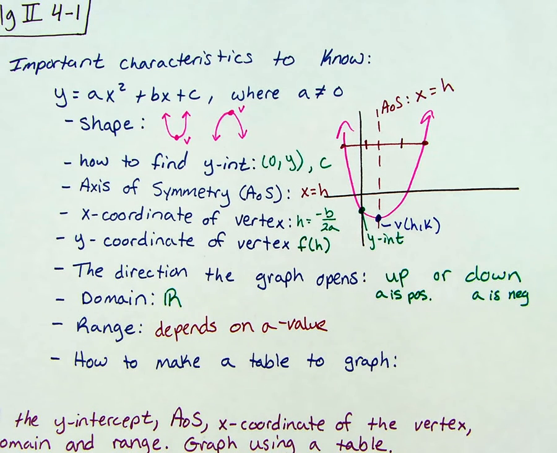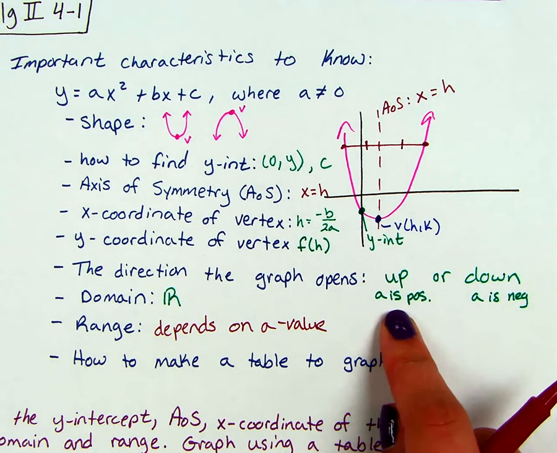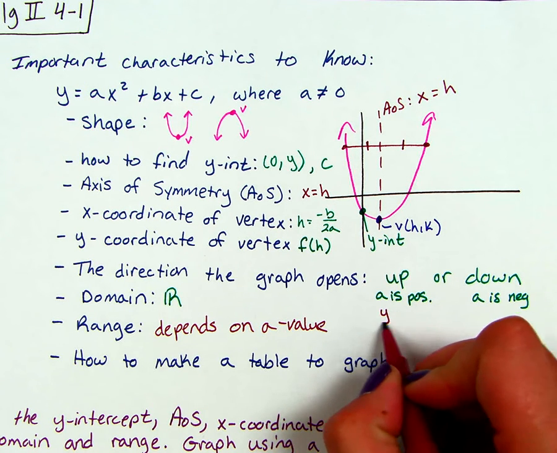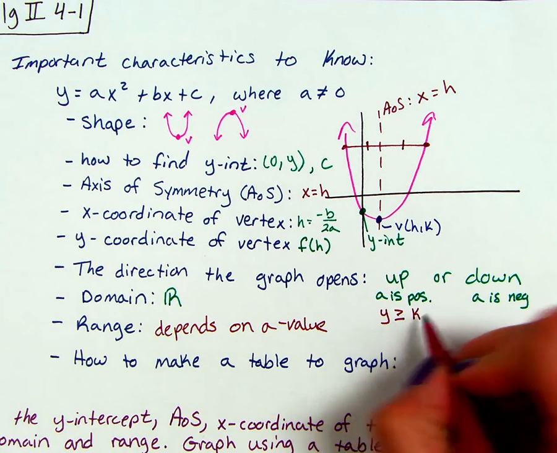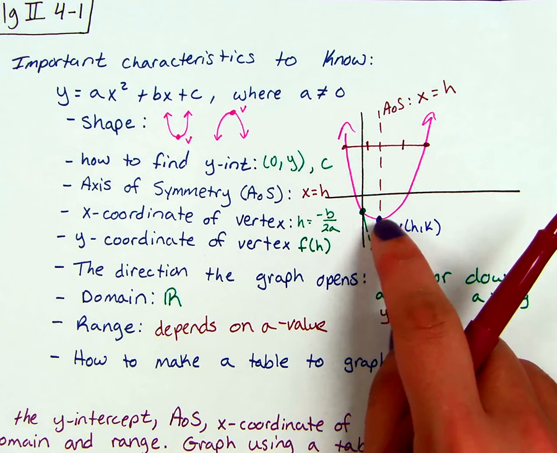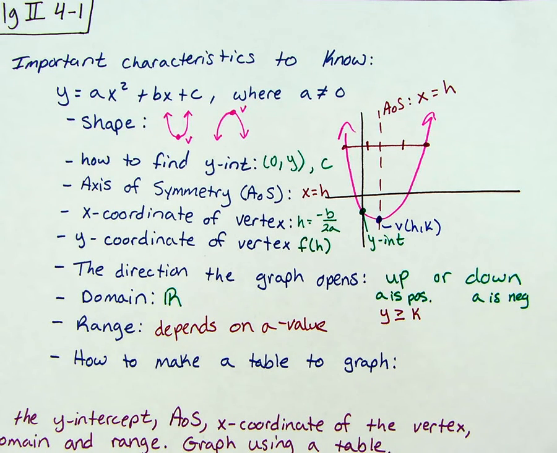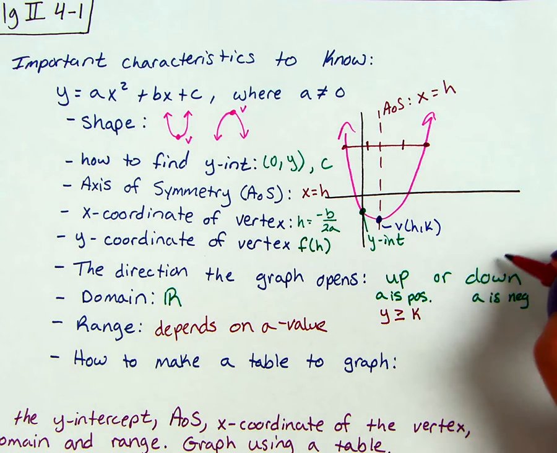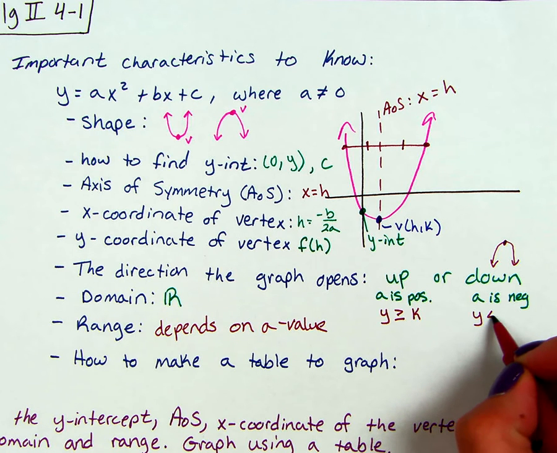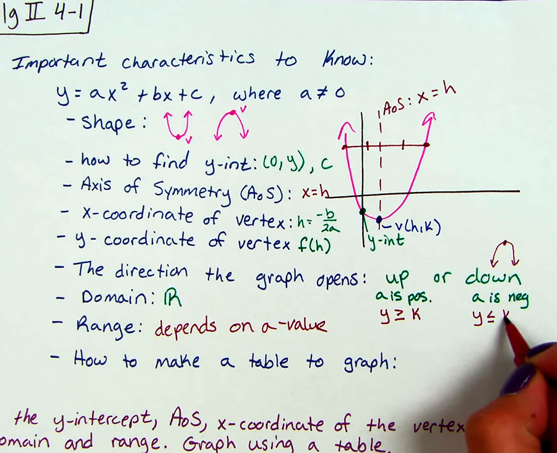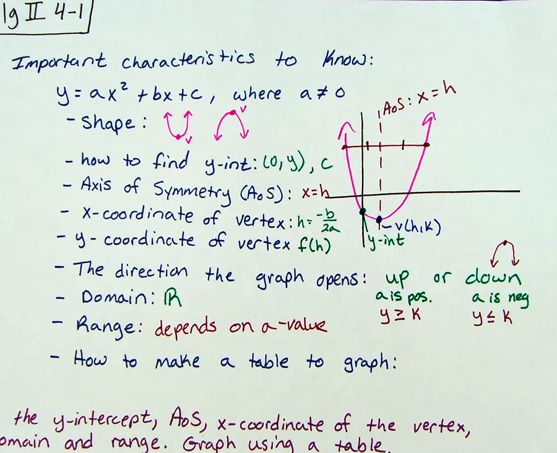So if our a is positive and it's opening up, then we're going to have y greater than or equal to whatever the k value is, because that would be the smallest y value on your graph. If it's opening down, so it's making this shape where it opens down, that point is sitting at the top, so that means we need everything below that point. So it's going to be y less than or equal to k for our range.